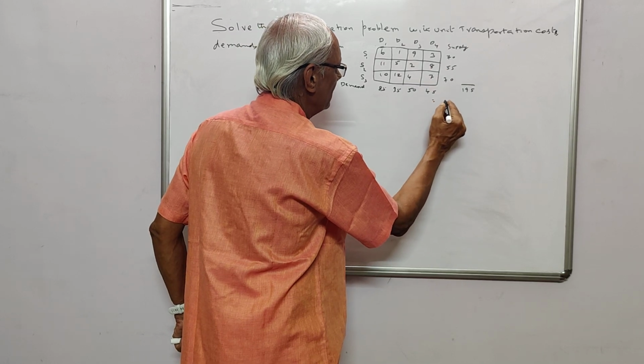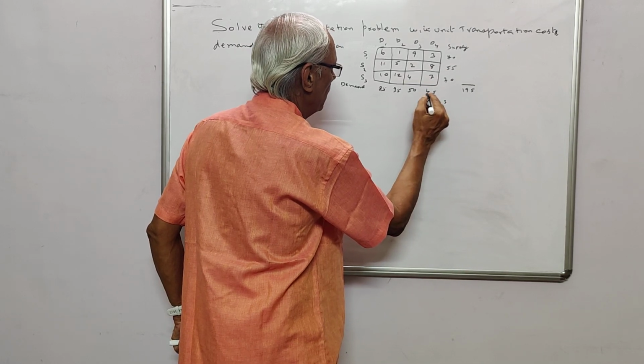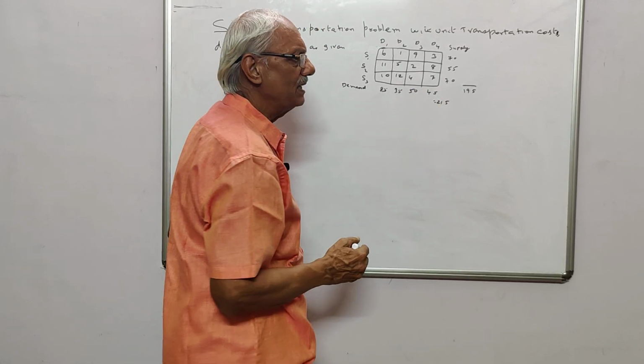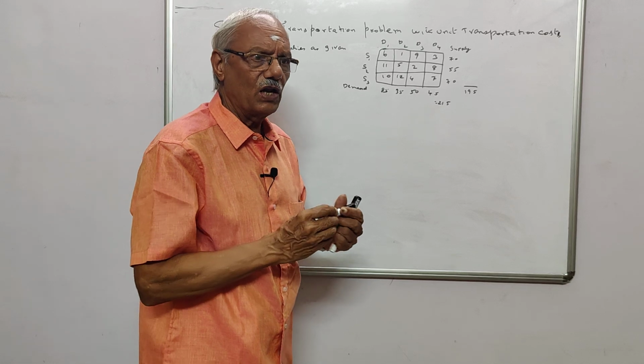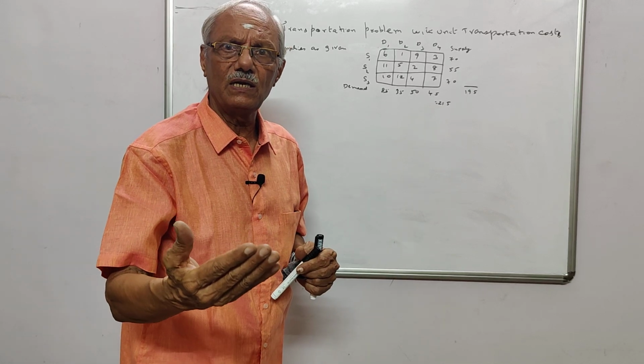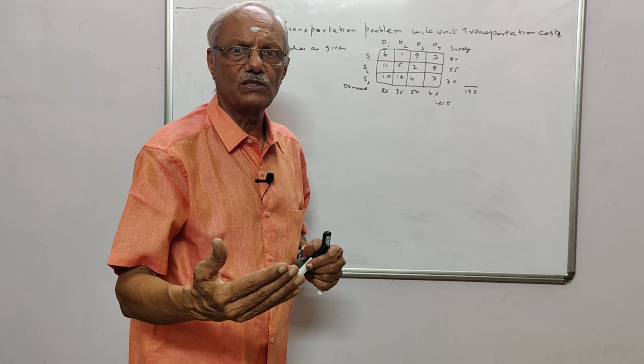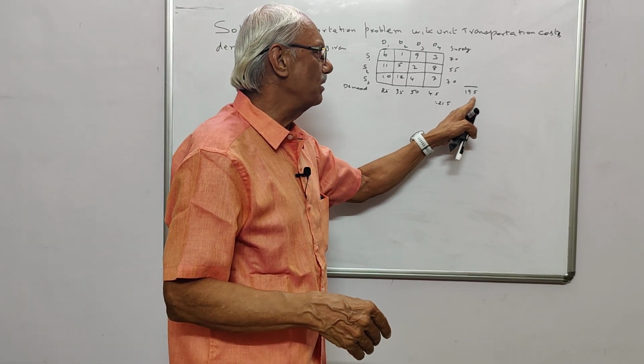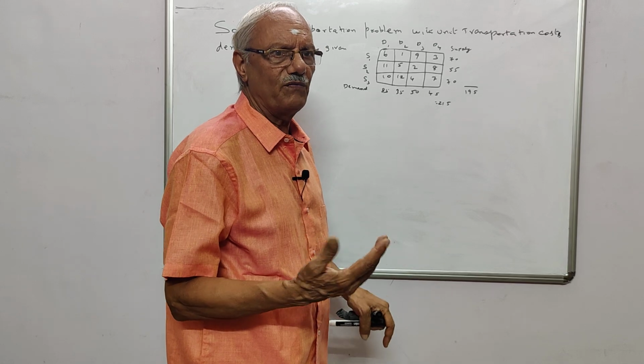If you add, this will come to 215 units. So the requirement for the destinations put together is 215 units, whereas the production is 195 units.